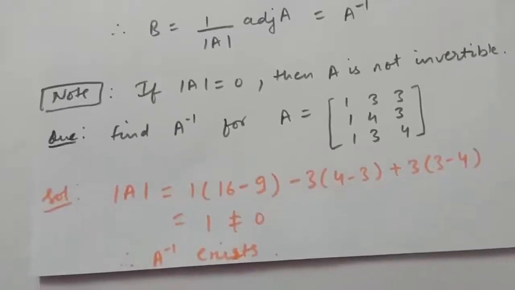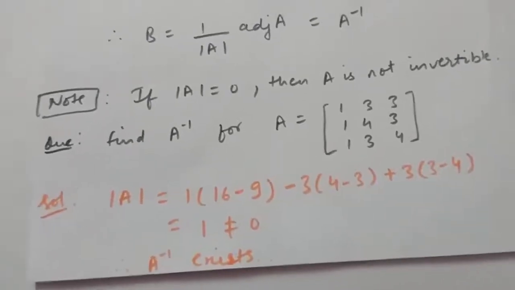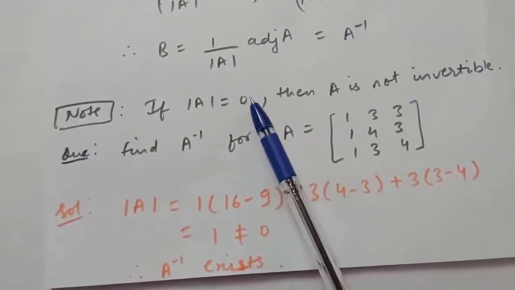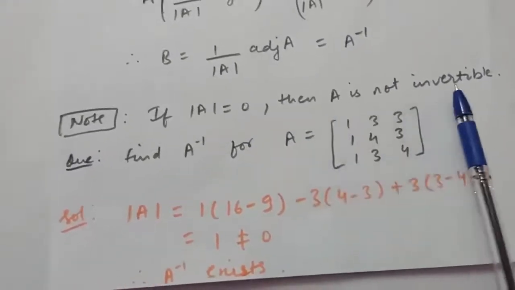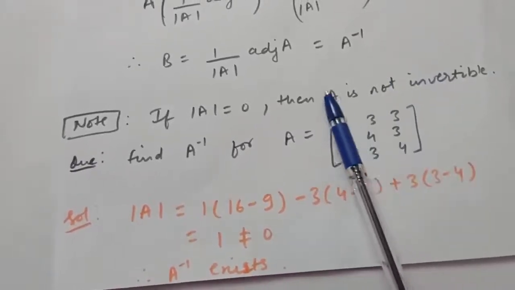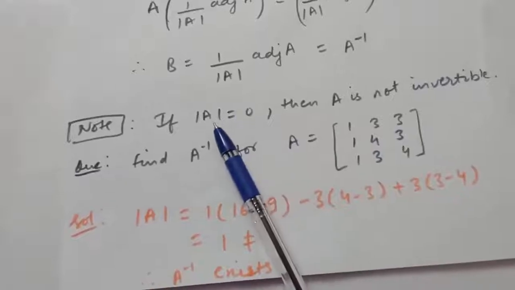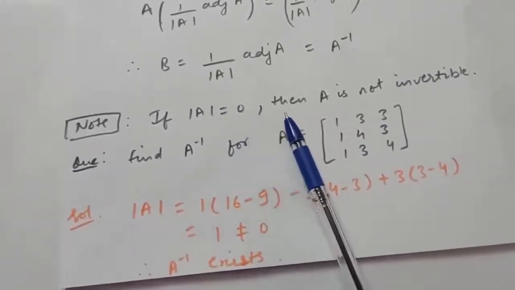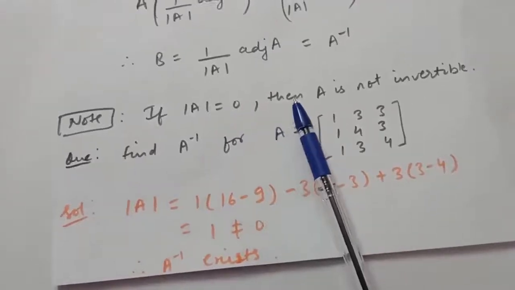So by this theorem we get this result that if determinant of A is equal to 0, then A is not invertible. So if you have to find the inverse of any square matrix, first of all check its determinant. If it is 0, then we can directly say that the inverse does not exist, right?